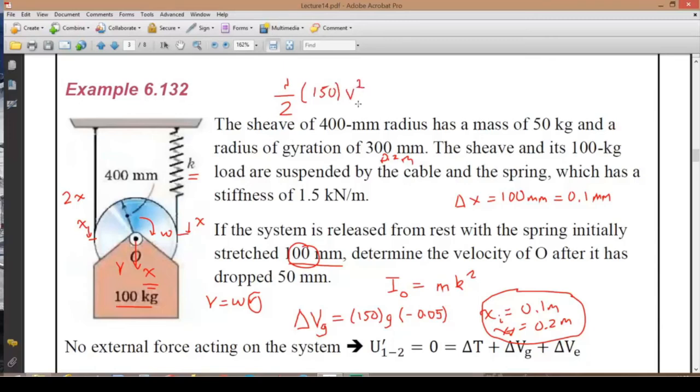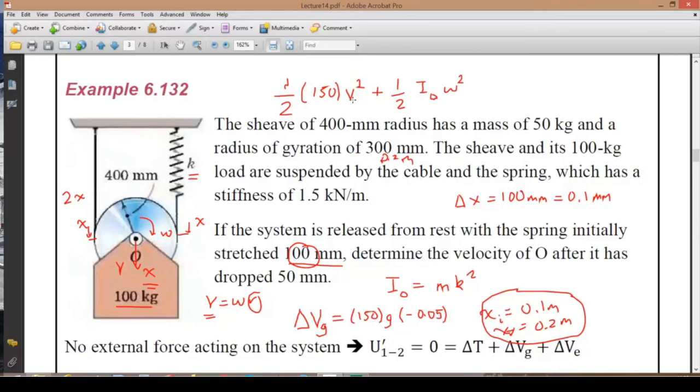This is the velocity of point O, which I already specified as v over here. Plus, because of the rotation of this sheave, we're going to have 1 over 2 I_O omega squared, which we can calculate by using the mass information and the radius of gyration.